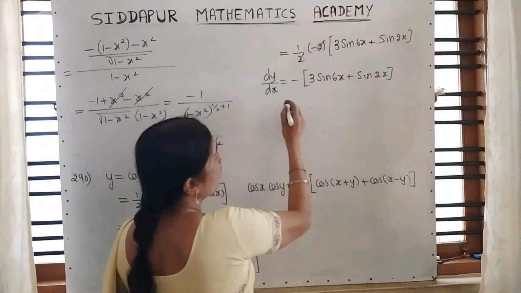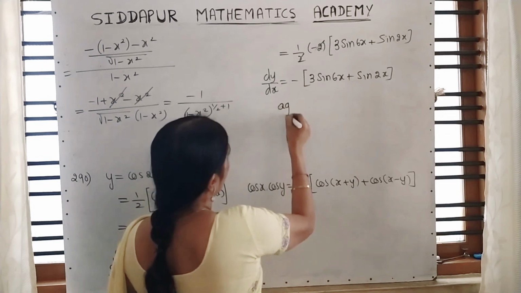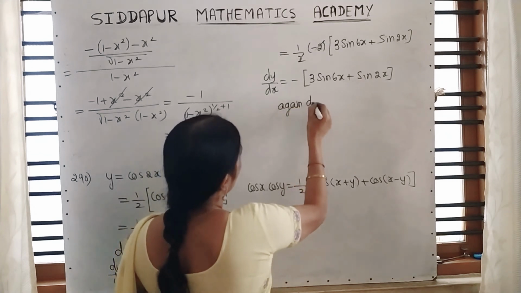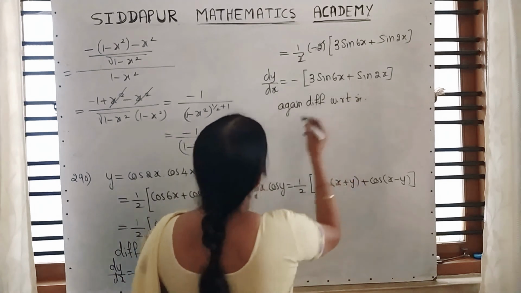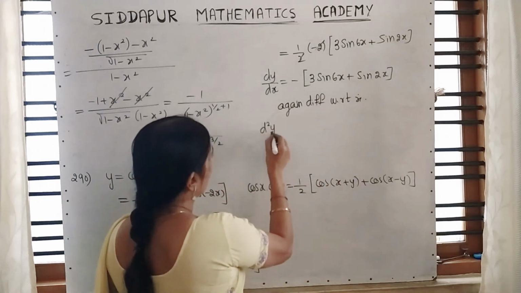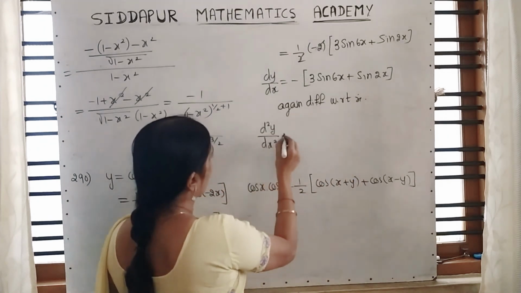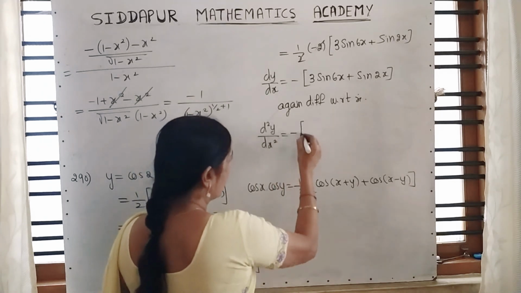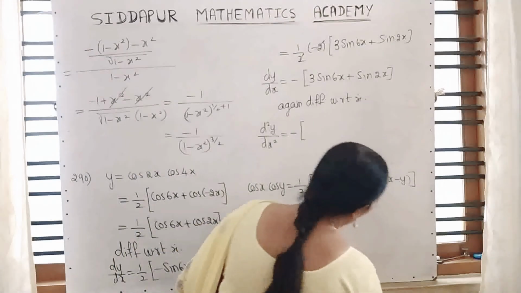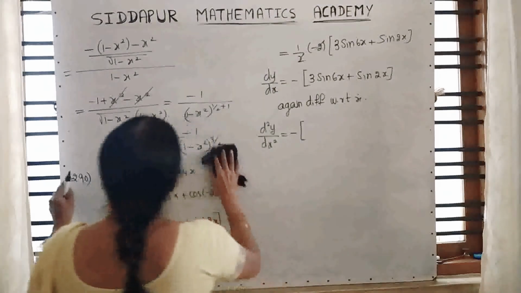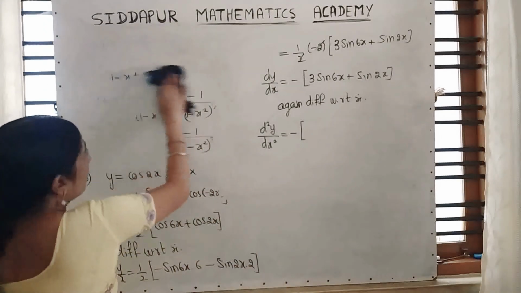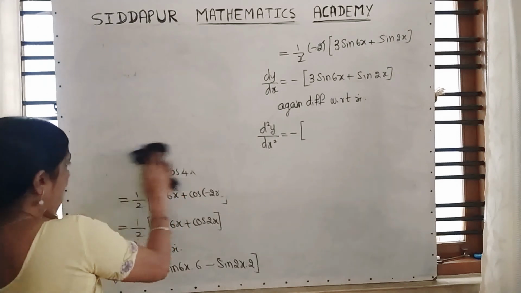See, again u plus v only. Again it is very simple. Again differentiating with respect to x, d square y upon dx square. Outside minus as it is in the bracket. What is the differentiation of sin 6x? Differentiation of sin 6x is cos 6x into 6.